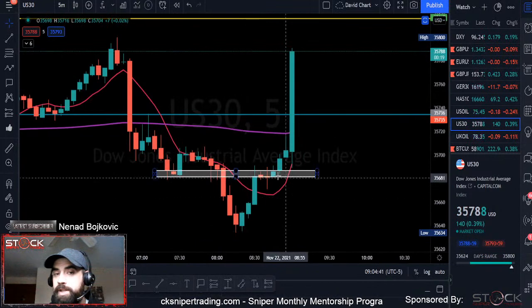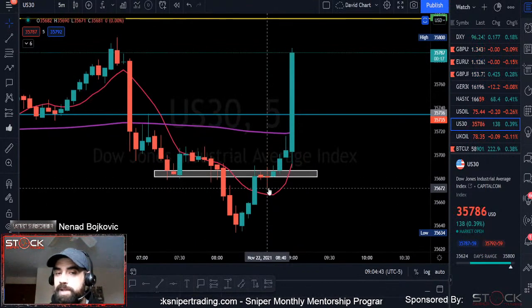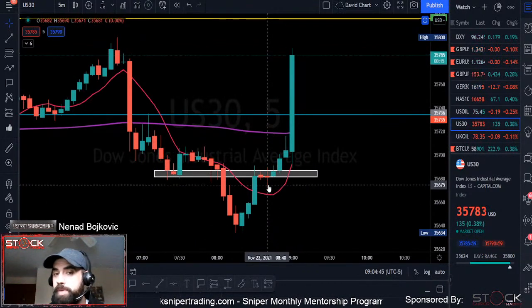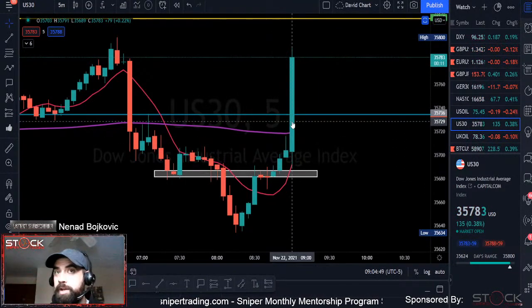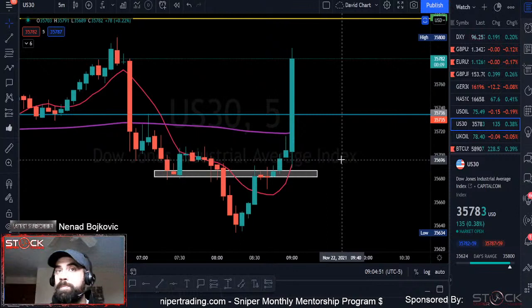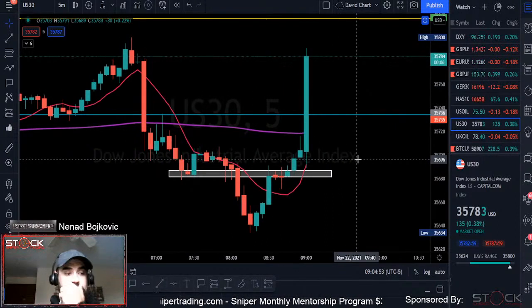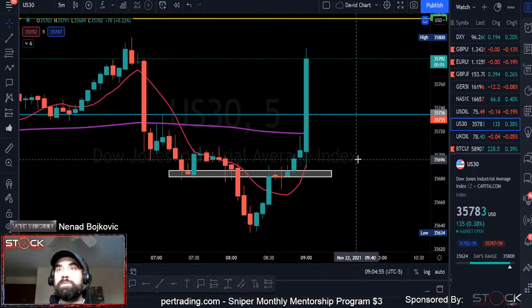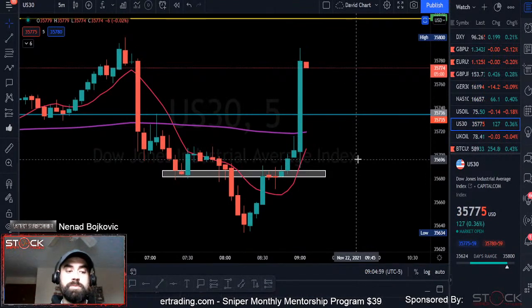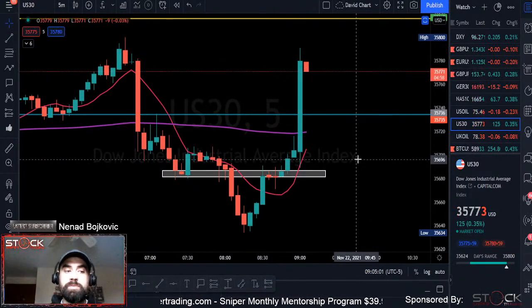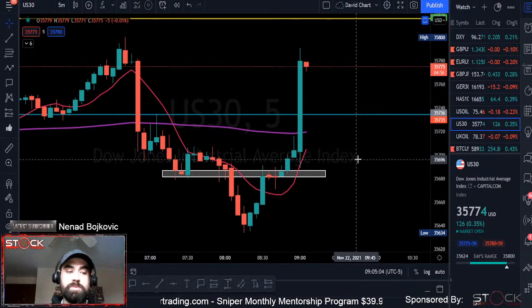We have a head here, and then there's not really the best shoulder, but another shoulder over here. Okay, inverse head and shoulder leads to the continuation break. All right.